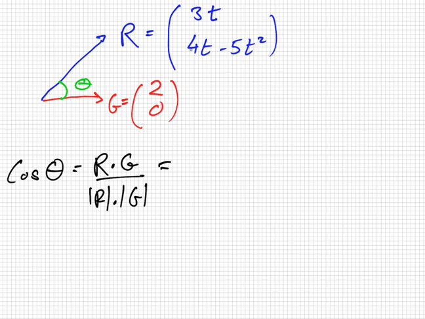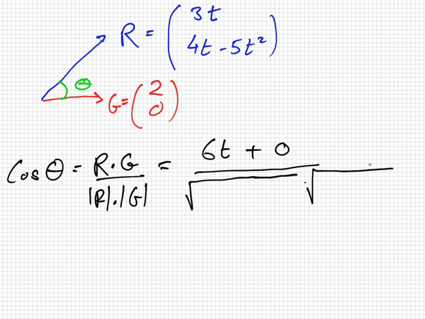So that would be 6t plus 0, all over the square root of this one here, that's 3t squared plus 4t minus 5t squared, and then the g is 4 plus 0.